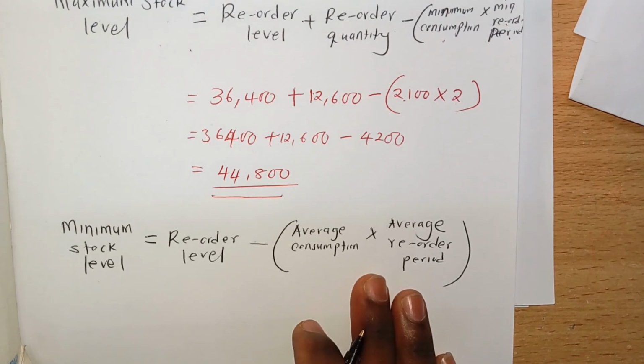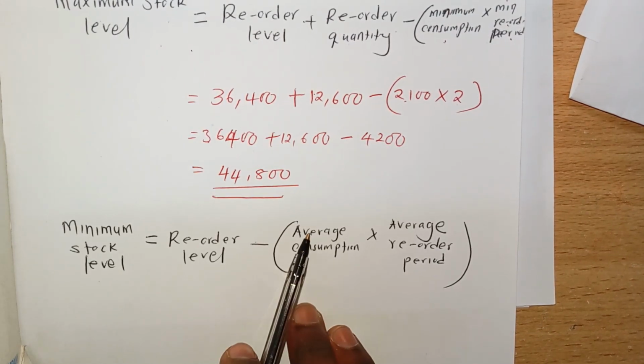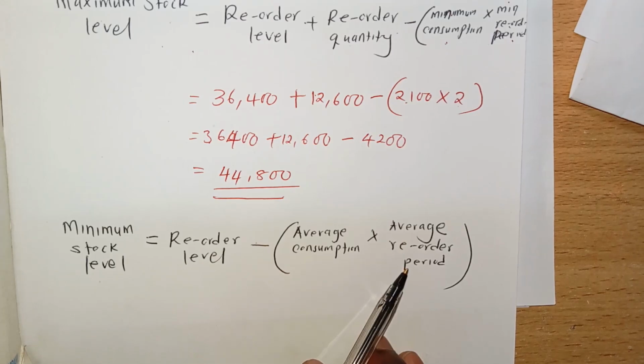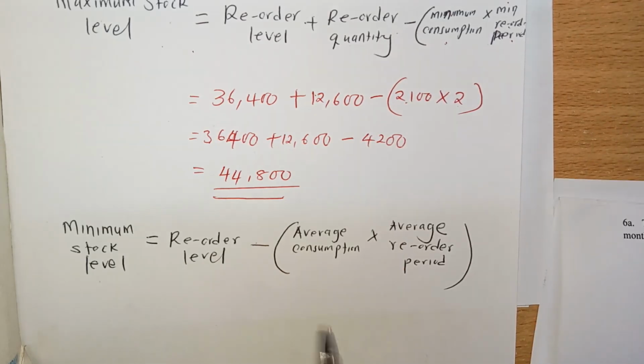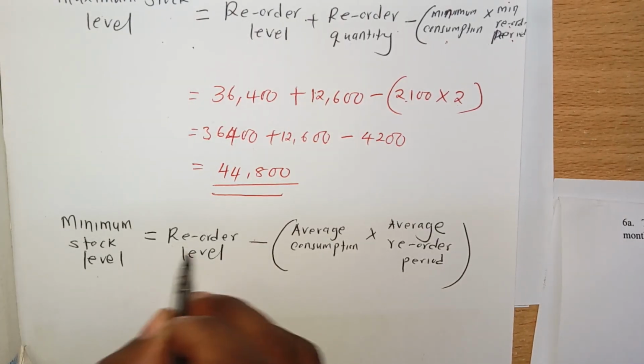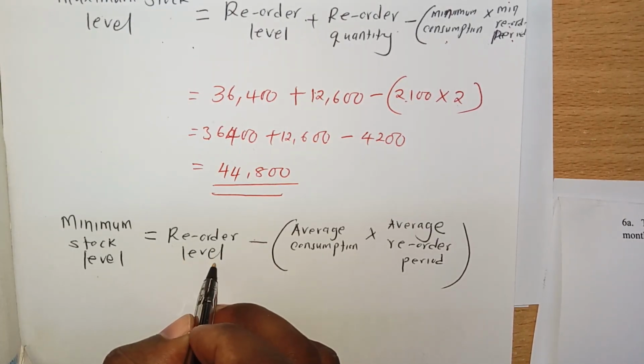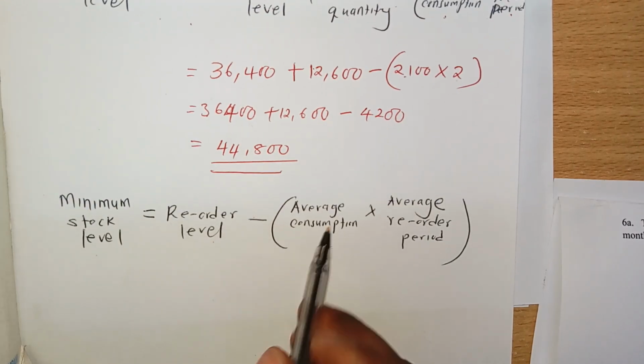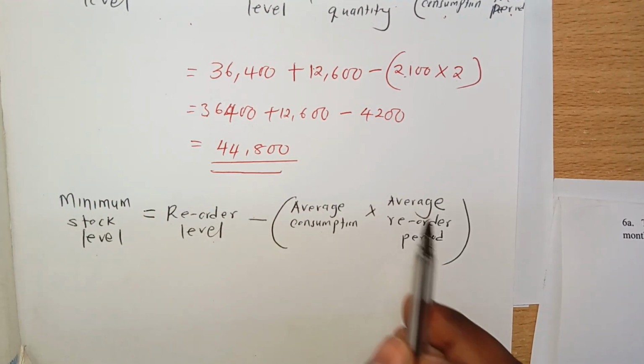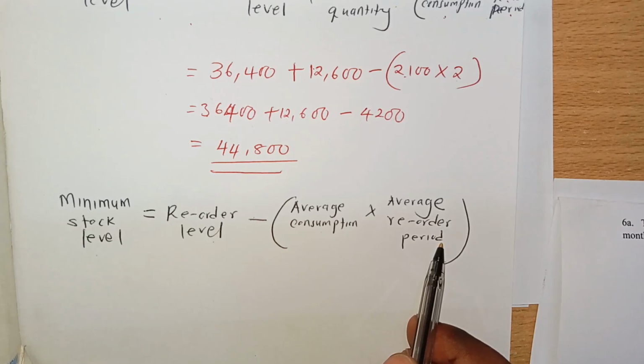But now we are working on average consumption and average reorder period. Because we have the reorder level, we need not calculate it anymore. So what you need to calculate is the average consumption and the average reorder period.